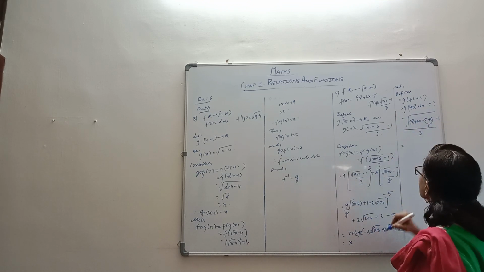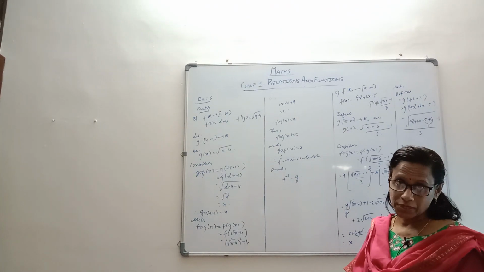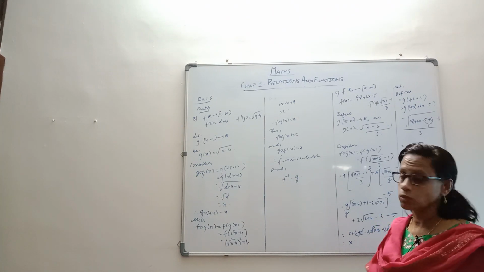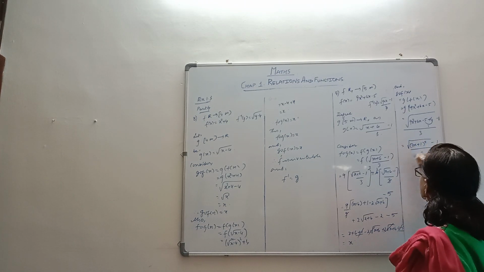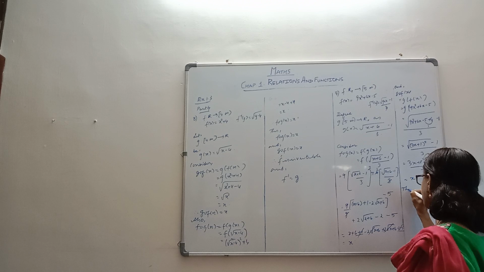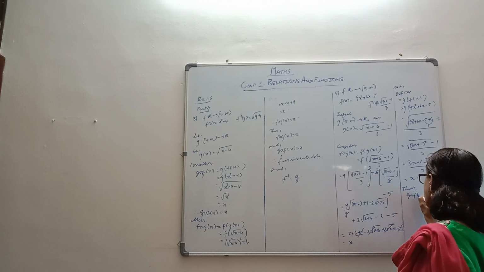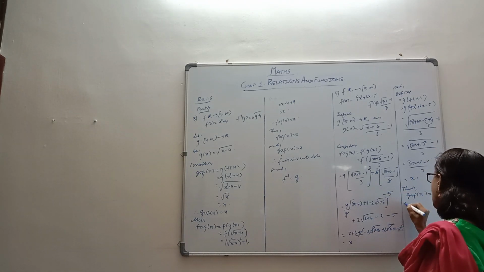This will become 1. 9x squared plus 6x plus 1 is nothing but 3x plus 1 the whole squared. Root and squared, so 3x plus 1 minus 1 by 3. So thus g of f at x is x and f of g at x is x.